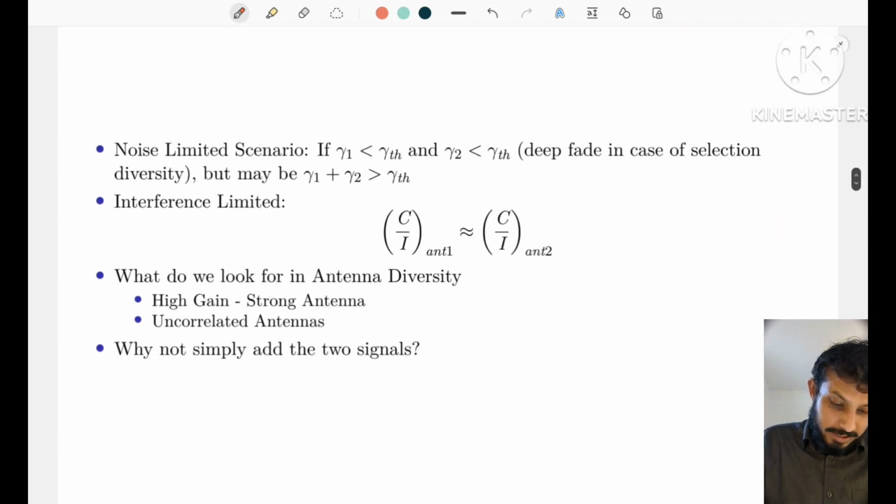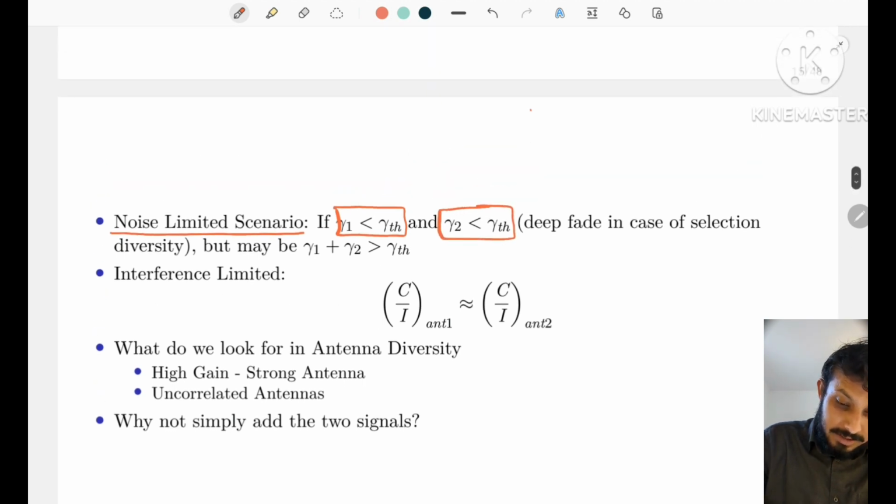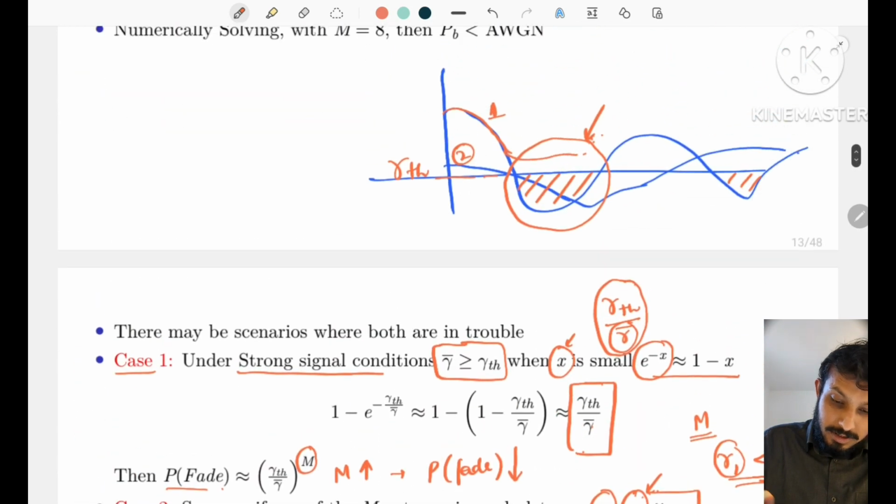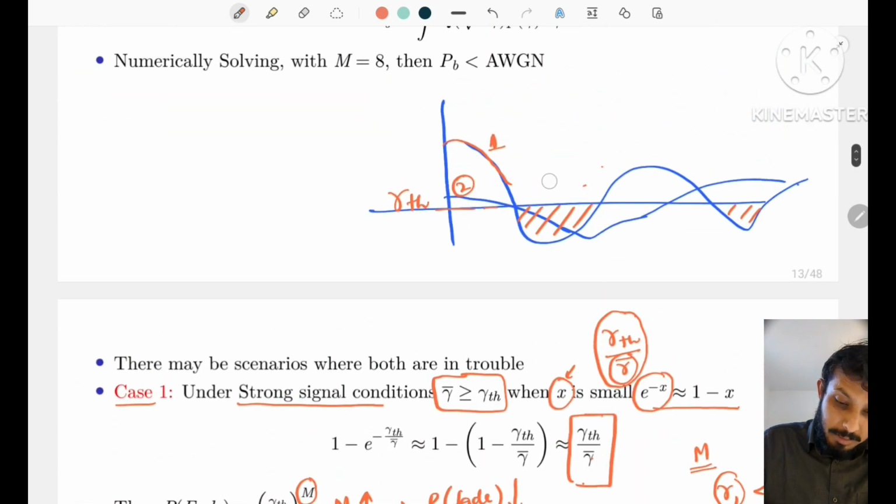Now we have certain scenarios. The first scenario is the noise limited scenario. If gamma 1 is less than gamma threshold and gamma 2 is also less than gamma threshold, that means the scenario which we considered above, in this case both gamma 1 and gamma 2 are less than gamma th, and there are scenarios where it is in deep fade.